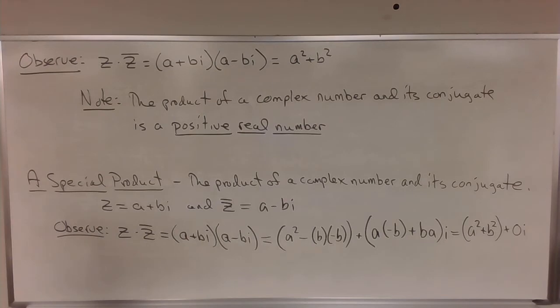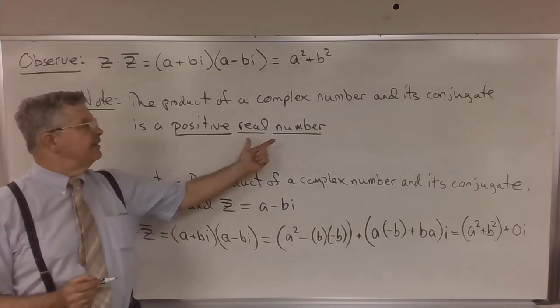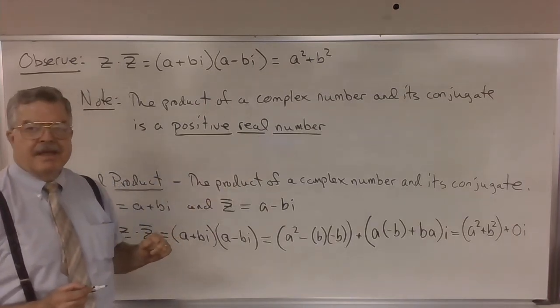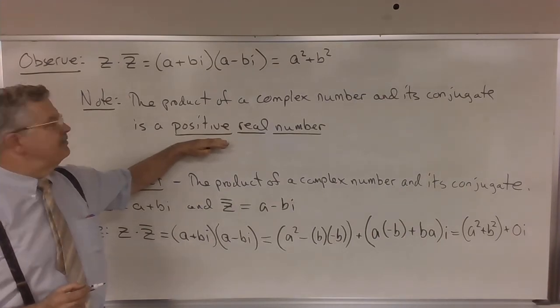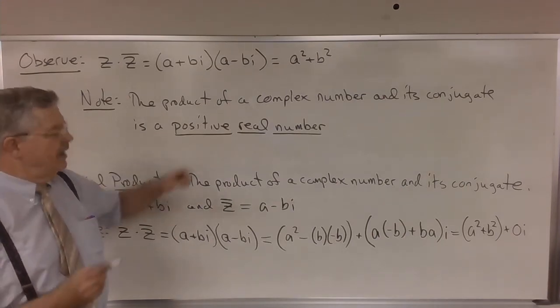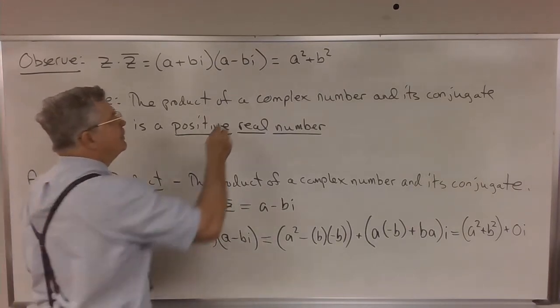Now this is essentially true. The product of a complex number and its conjugate is always a real number. And it's always going to be positive unless, I know how I can doctor this up. I hate for people to call me a liar.